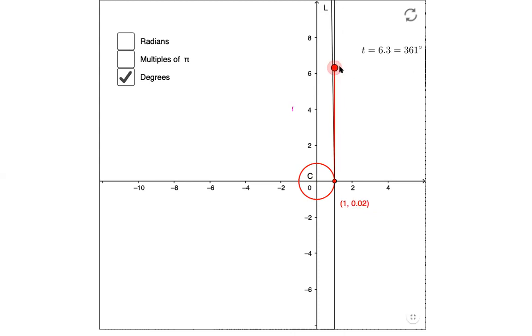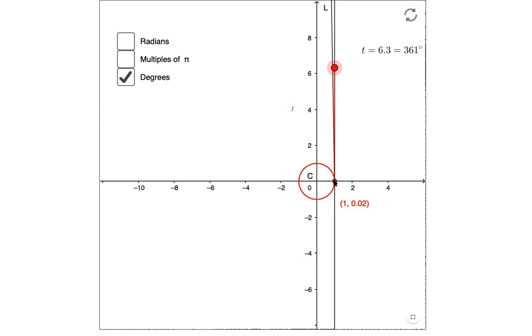Ang hirap, guys. My God, lumampas na. Dapat kasi may ini-input na lang dito, di ba? Pwede siyang i-input na lang. Ayan, anyway. So, eto. Let's say 360 degrees.